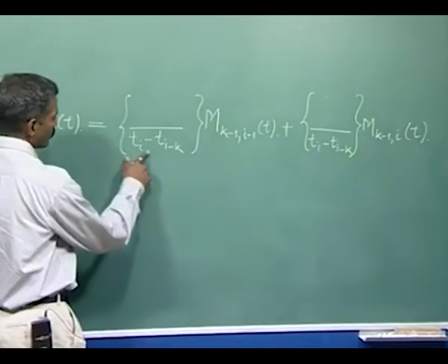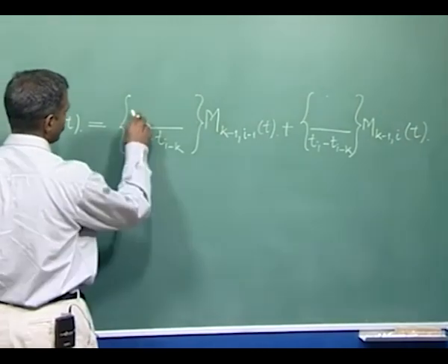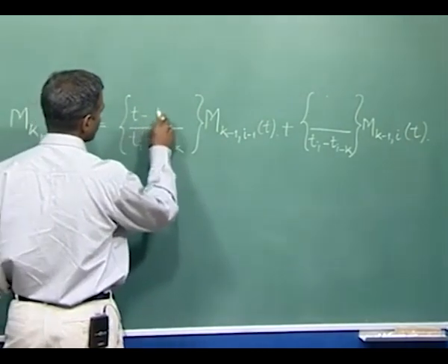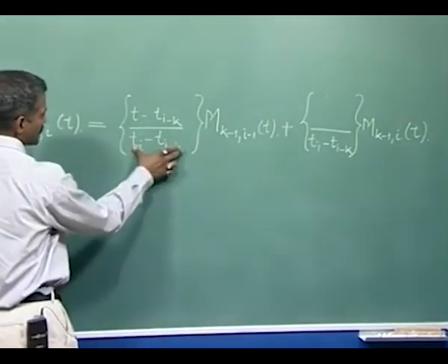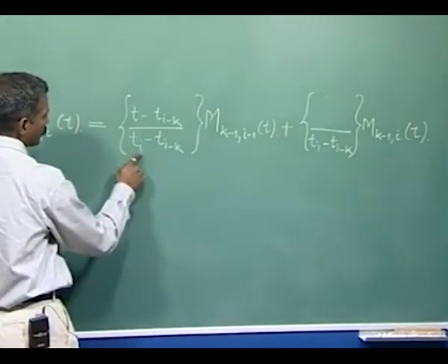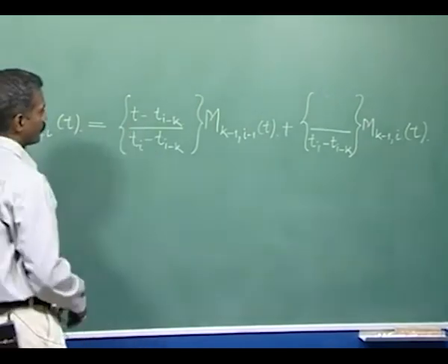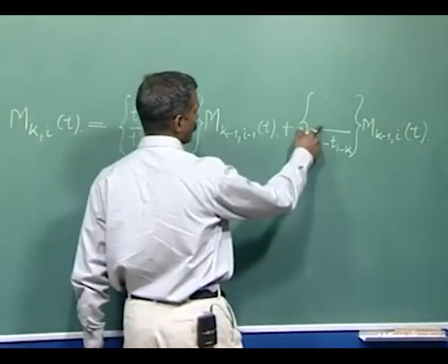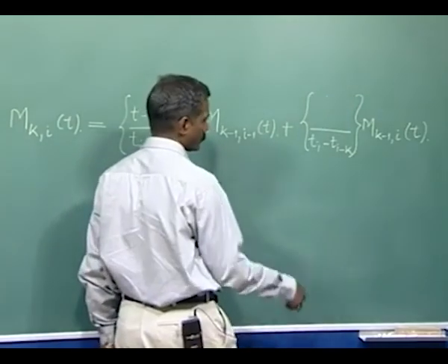All I do here is replace t_i by t, so t minus t_{i-k}. So copy this expression here and let go of this index. How about the numerator here? I'll do the other way around.